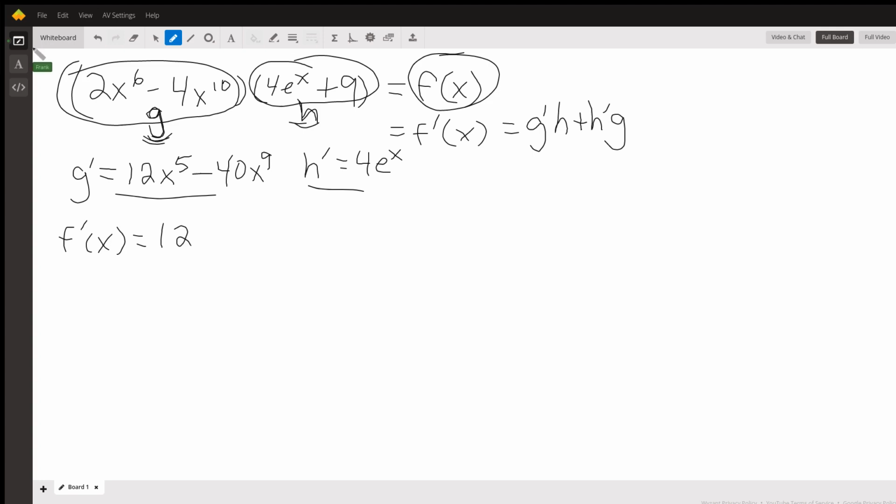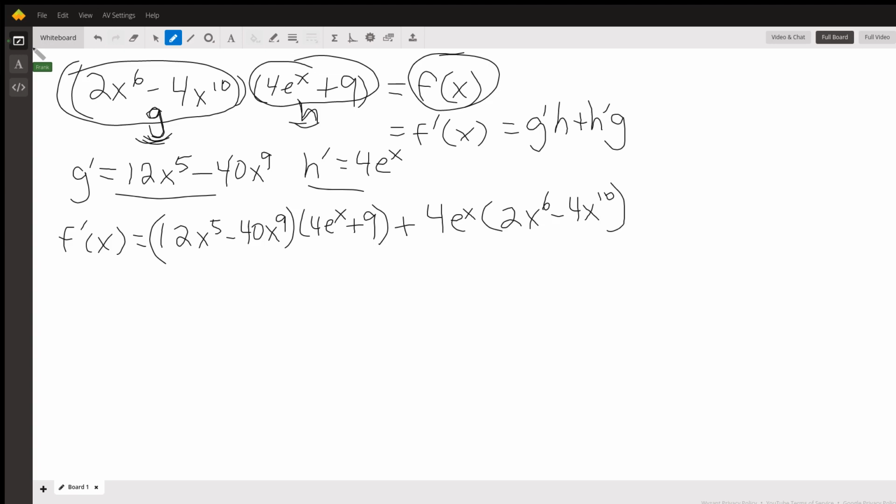G prime is 12x to the 5th minus 40x to the 9th, times h, which is 4e to the x plus 9, plus the derivative of the second function, in this case the derivative of h, which is 4e to the x, times the original g function, which is 2x to the 6th minus 4x to the 10th.